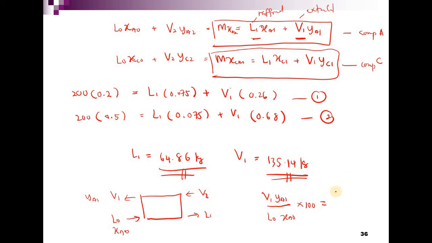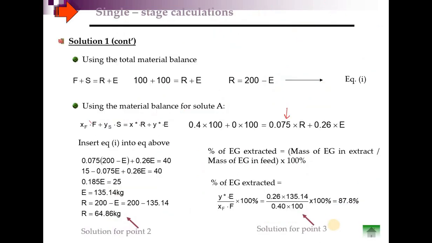So V1 you found here is 135.14, times yA1, which is 0.26, divided by L0 xA0, which is 0.4, times 100. So you will get the value here, 87.8. So this is the percent of ethylene glycol that has been extracted by the solvent.